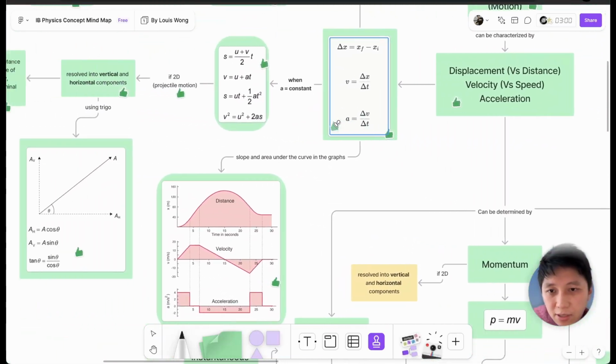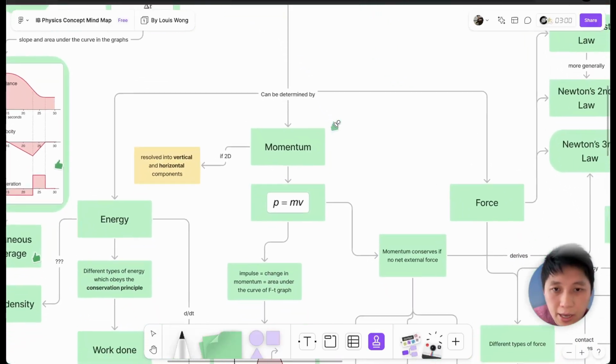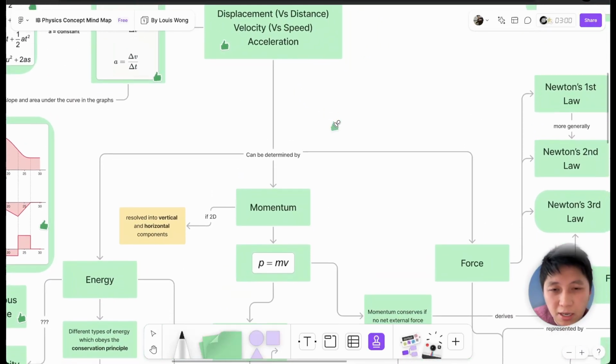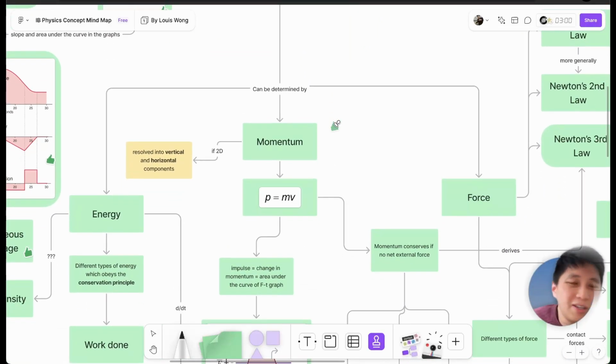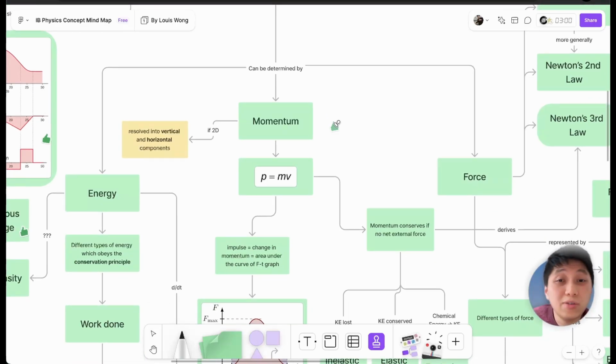So we have done just the kinematics part, and now we are looking in more detail. In terms of motion, other than kinematics, we can also use different approaches to determine or predict the result. One way is to use force, which we'll be looking at very soon, and then you can see energy and momentum later on.